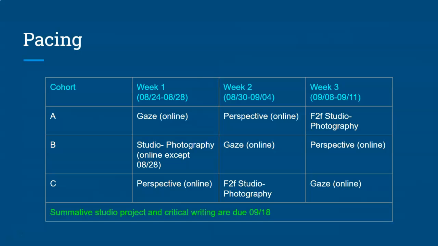Week 3 is A is photography studio, B is perspective online, and C is gaze online. Okay? Now these weeks are all instructional weeks. You have a week after that, before the summative studio project and the critical writing are due. But remember, in that week after that, we will have also started the next cycle, okay, our next lessons.